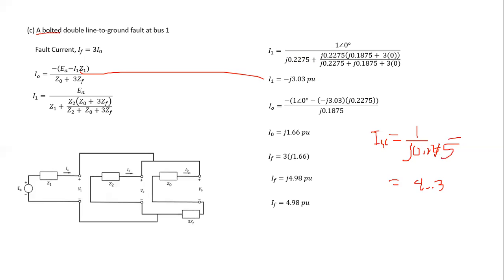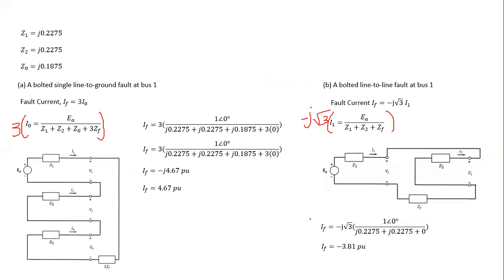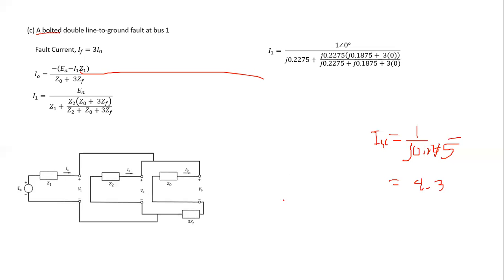So in comparison to the double line to ground fault, the three-phase fault is lesser compared to the double line to ground and the single line to ground fault. The single line to ground fault is 4.67, so it is higher compared to the three-phase fault.